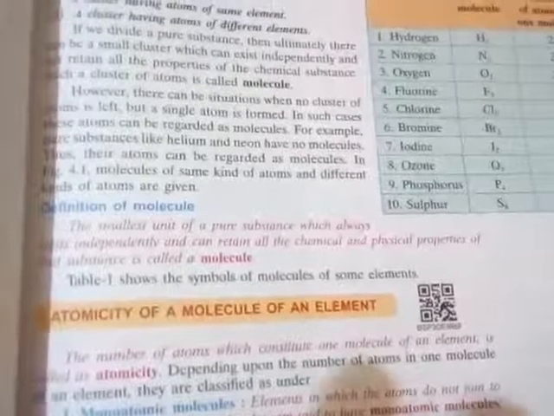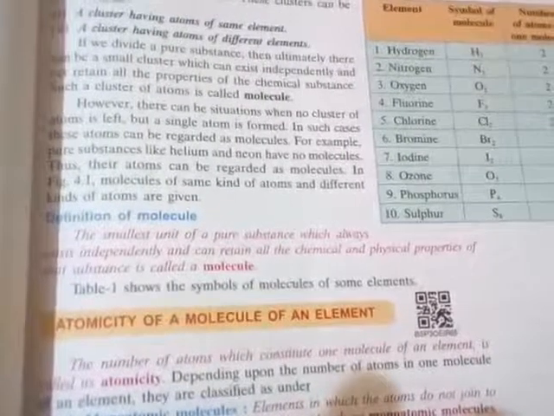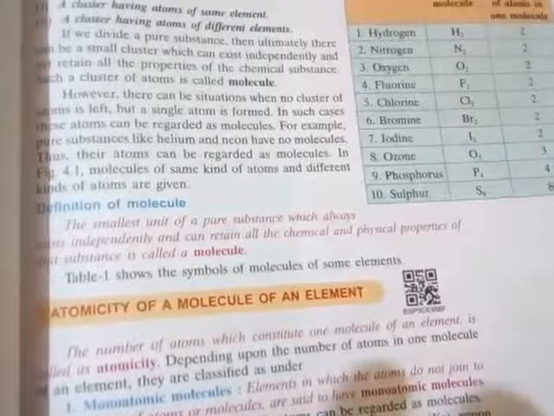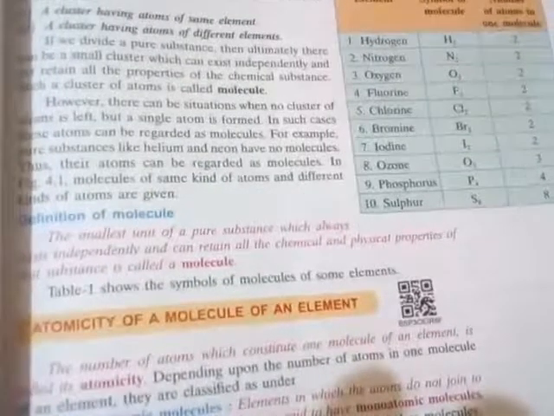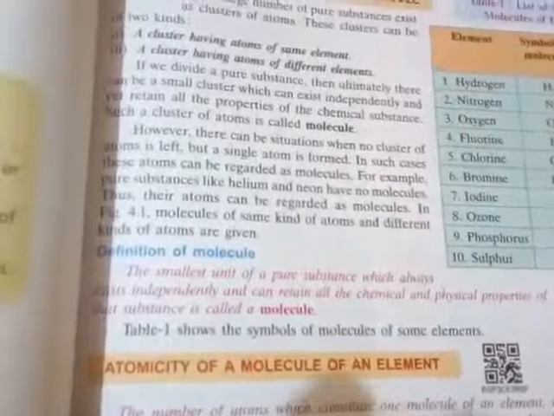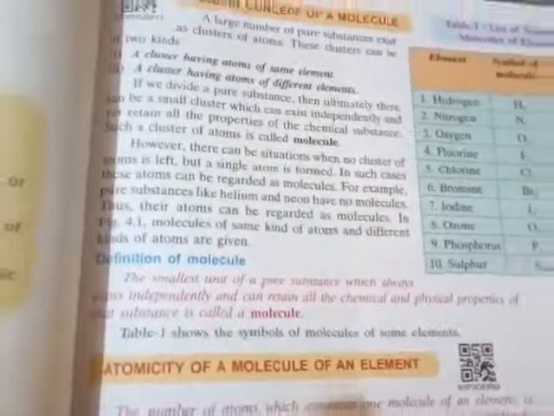For example, take carbon. In the atomic form it is only C, one carbon atom. In the case of hydrogen, two similar hydrogen atoms are combined to each other. So this is a molecule, and the carbon is an atom.